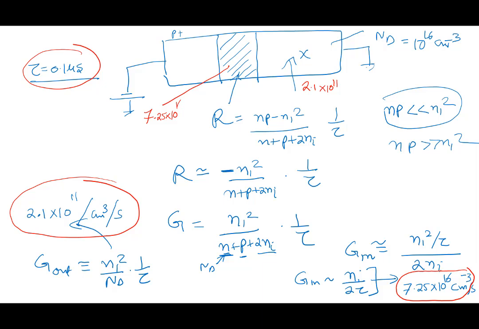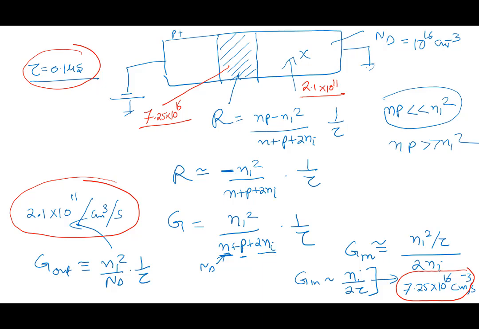You can put in the numbers yourself and calculate also. Just look at the difference between the net generation rate. This is all thermal generation rate. Thermal generation is so high within the depletion region. The rate at which carriers are being generated, net thermal generation, is so high. This is 16, so 5 orders of magnitude higher.